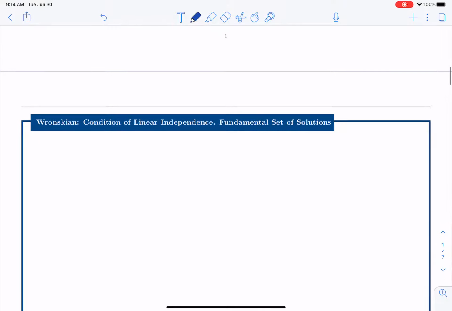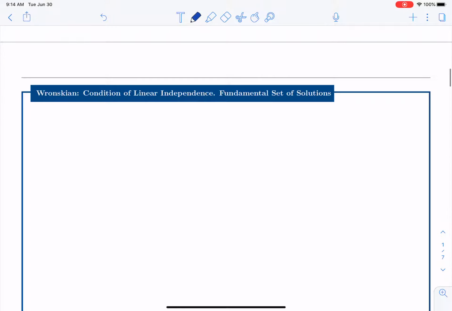Now, if we have an nth order homogeneous equation, then we need n minus 1 initial conditions.